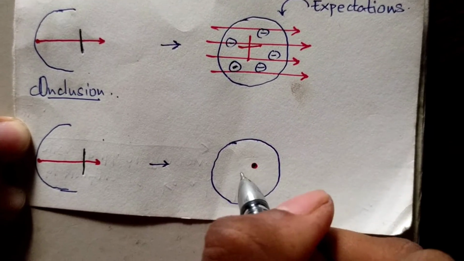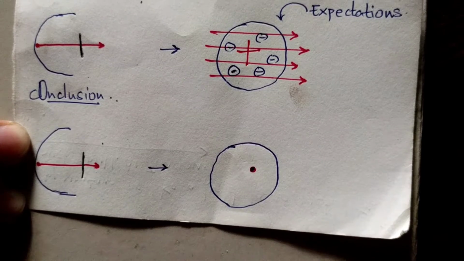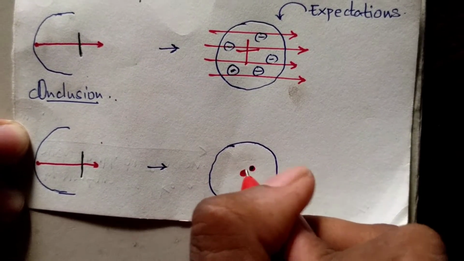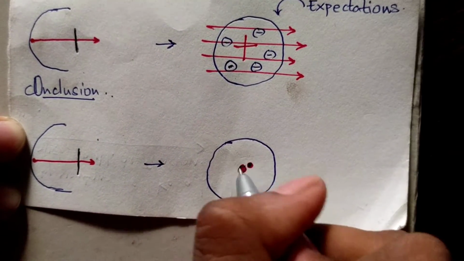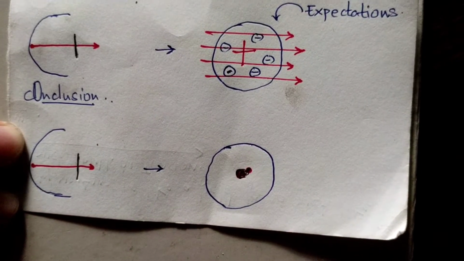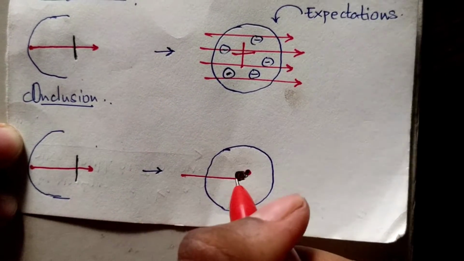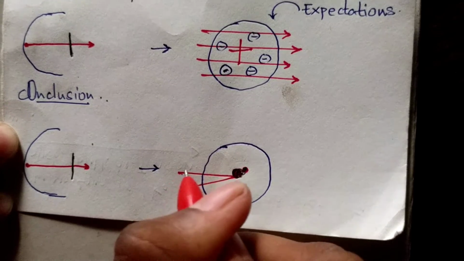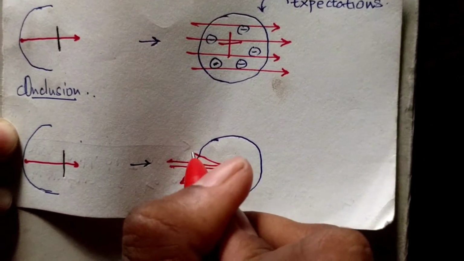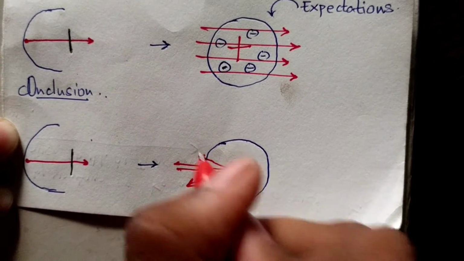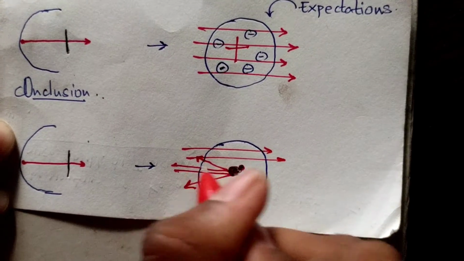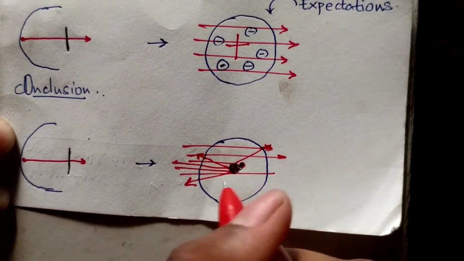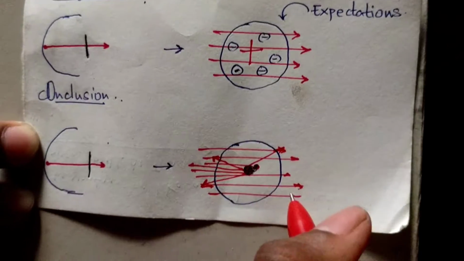And he said it is also a positively charged thing, because positive and positive repel each other, that we know. Then after that came the planetary model. Just like we have the sun in the center, there is a positive nucleus at the center, and all the electrons revolving in a perfect orbit.